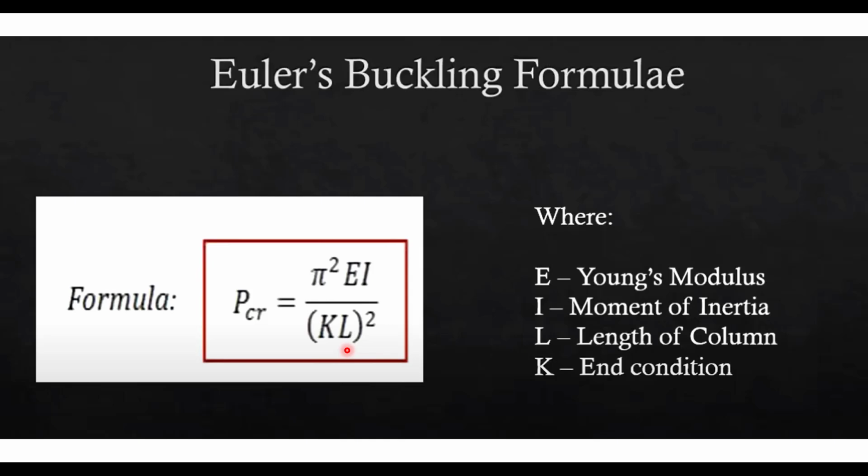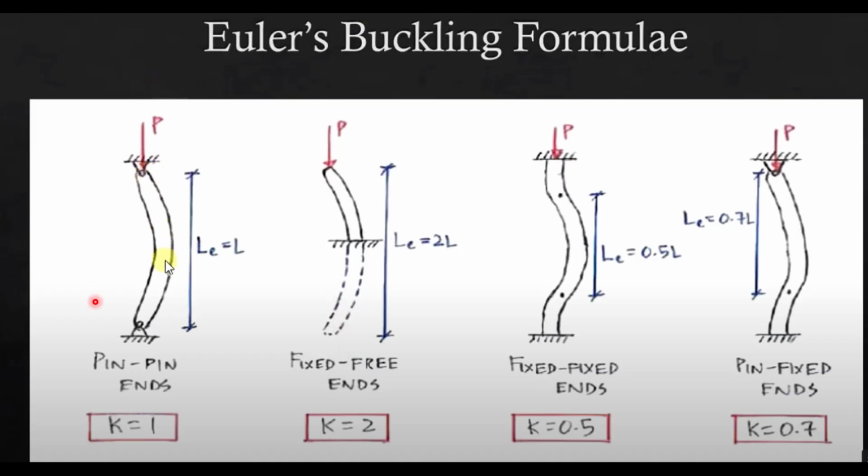If you see the constant K, these are the values we consider with respect to different boundary conditions. If you have pin to pin conditions, we consider K equal to 1. If one end is fixed and the other end is free, we consider it as 2.